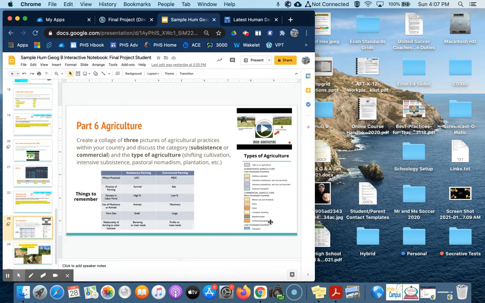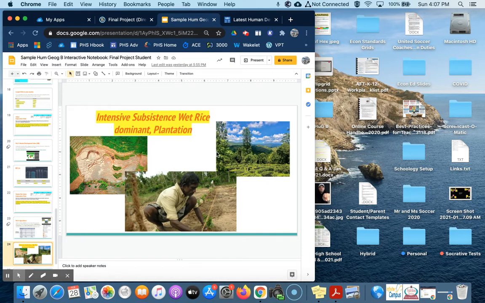You may find some commercial agriculture as well. I found plantation agriculture in Sri Lanka with the tea industry. I found some subsistence farming with cinnamon tree farms here, and this is a rice paddy along a riverbed.